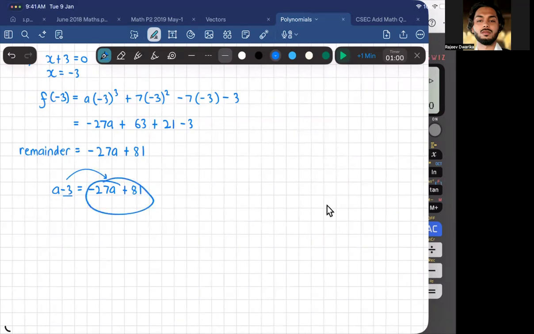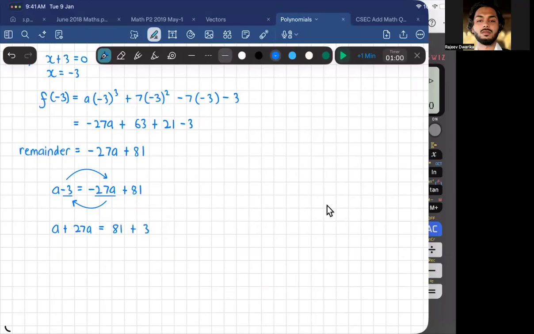What shouldn't be here? The minus 27a. Right? Move that across. So tell me what you write in the next line. a plus 27a equals 81 plus 3.